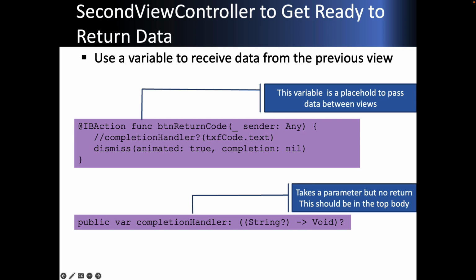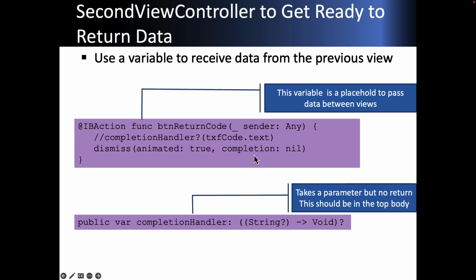And then on the second view, we still have the return button. So we call that button return code. As the user presses the return button, we need to handle this completion.